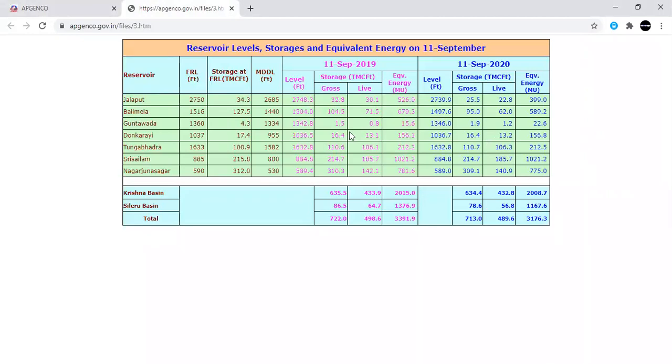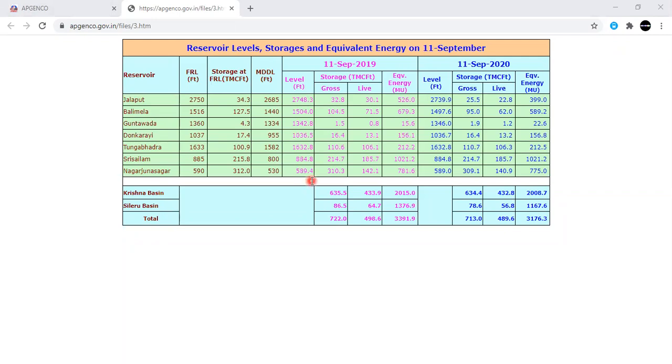When you look at the data of 11th September, that is yesterday's data, this is the level of the reservoir in terms of feet. When you consider Srisailam, the level is maintained at 884.8 feet. Similarly, Nagarjuna Sagar is maintained at 589.4.